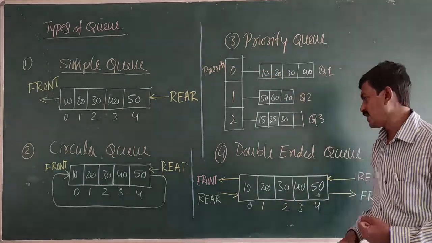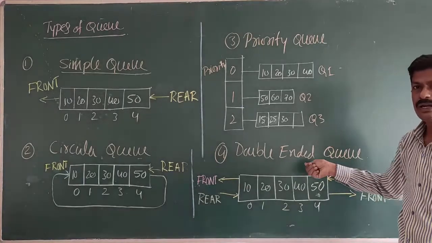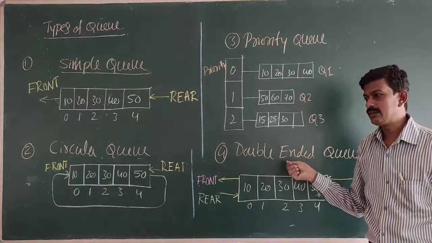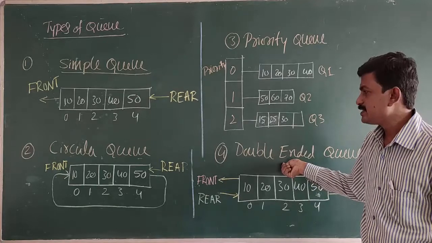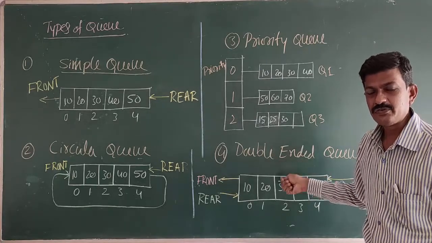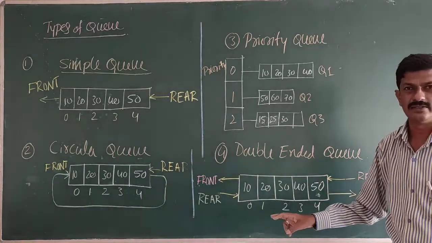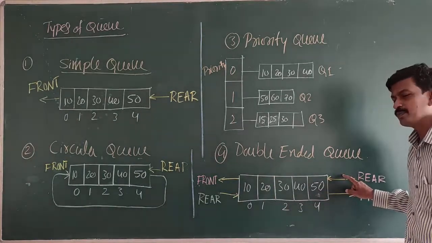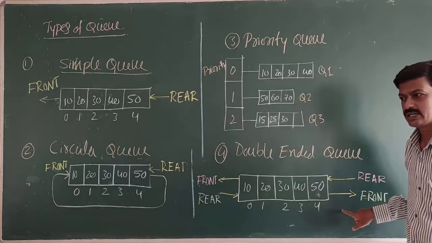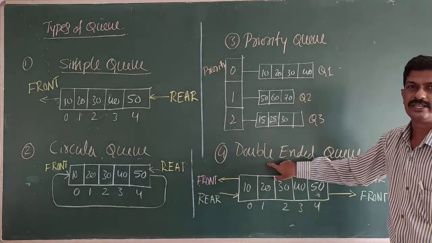The last one is the double-ended queue, or DQ. A double-ended queue is a queue in which we are allowed to perform insertion and deletion from both ends. That's why it's called a double-ended queue.